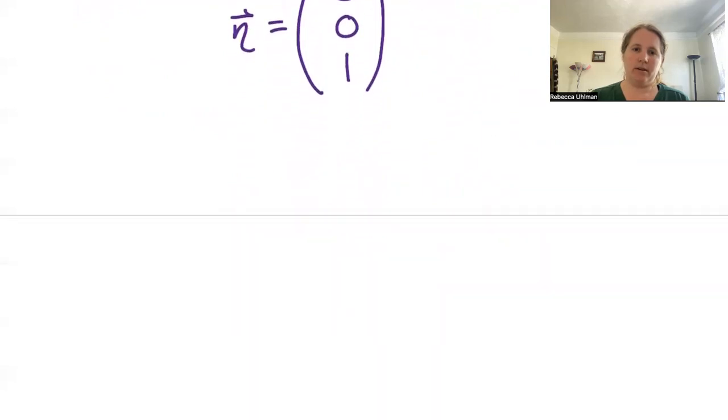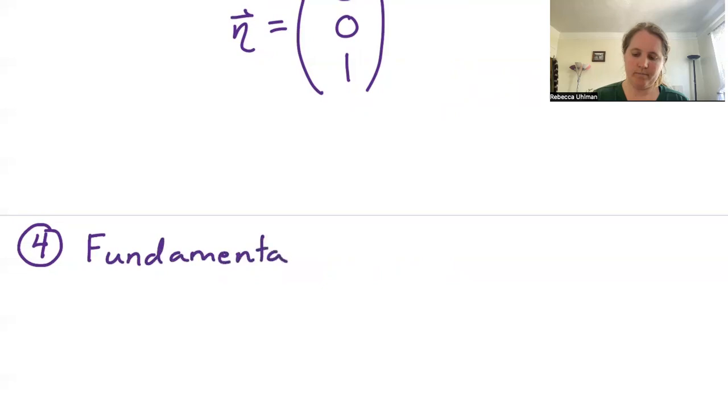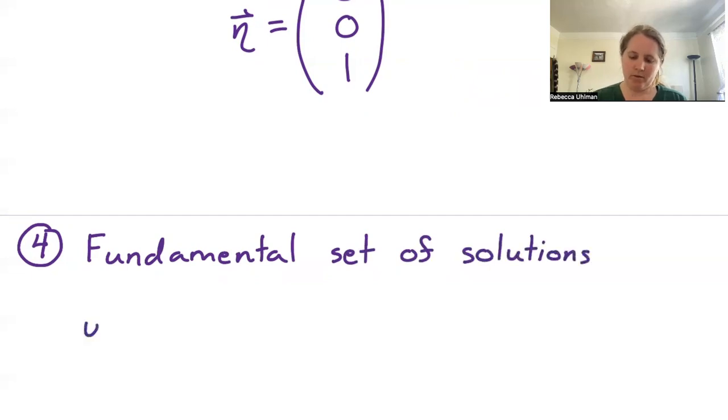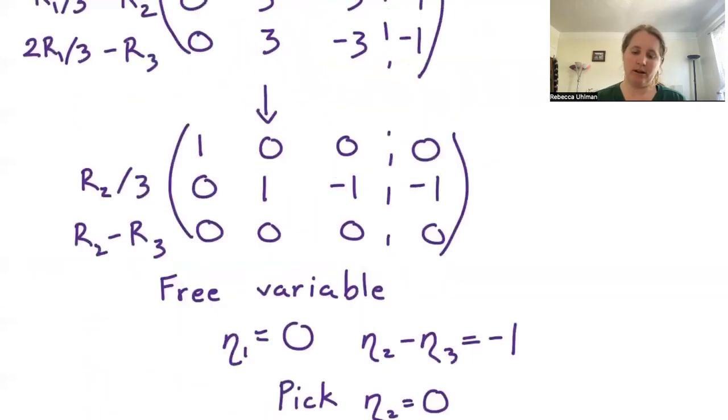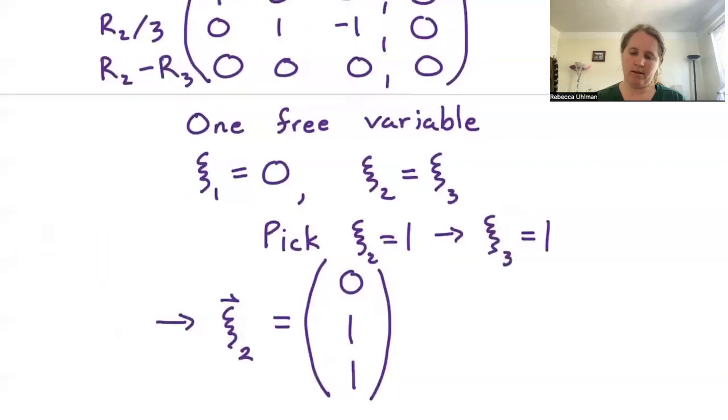So let's go ahead and find our fundamental set of solutions and then find the general solution. So for our fundamental set of solutions, we will have y1 was psi 1, which if I remember correctly was 3, 2, 3 times e to the lambda 1 t, and lambda 1 was 1, so we have e to the t.